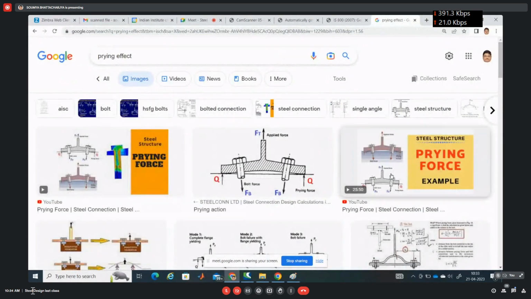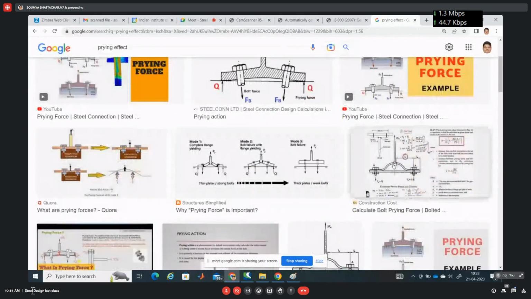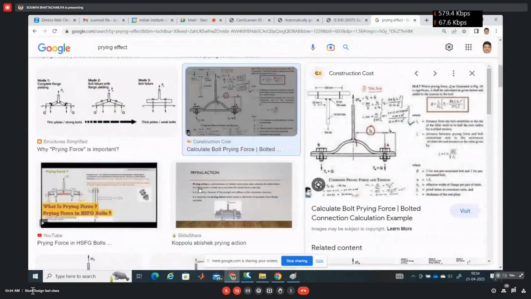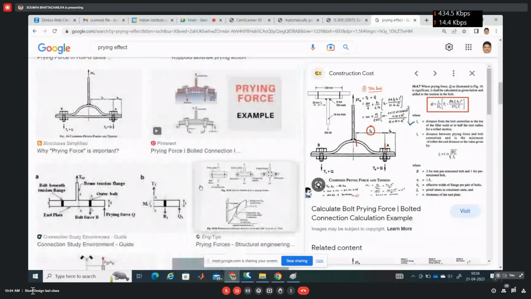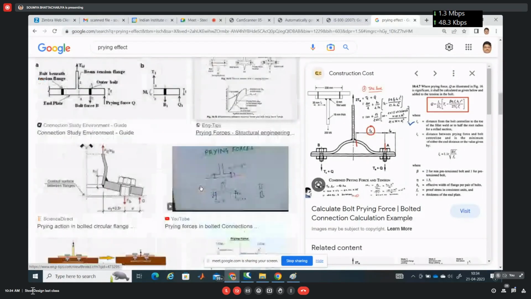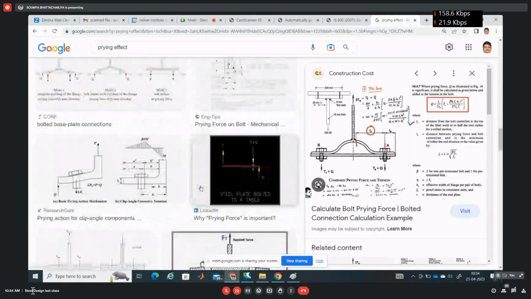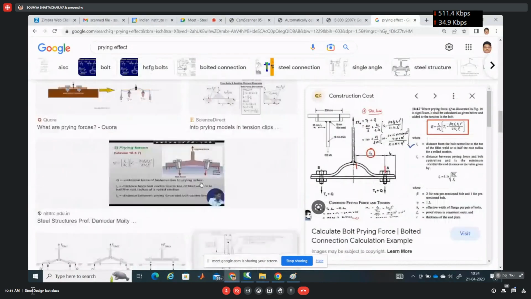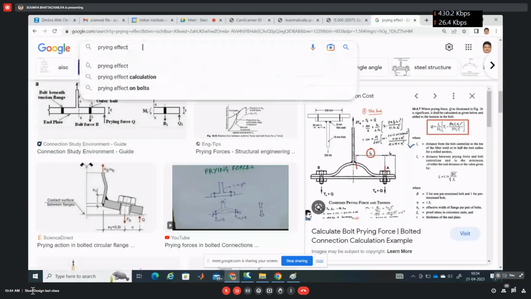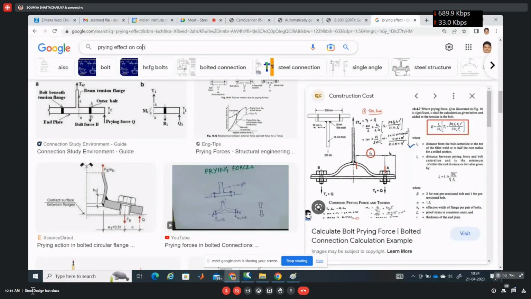As you have seen here, in the same picture, this type of prime effect may come for connections also, not only base plates. It can be in beam-column joints also.